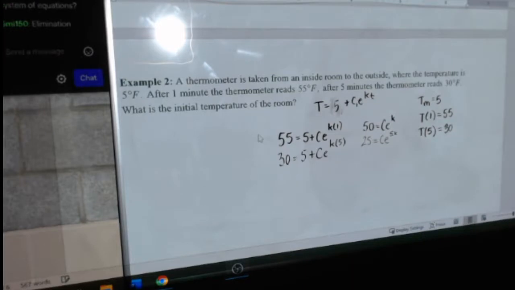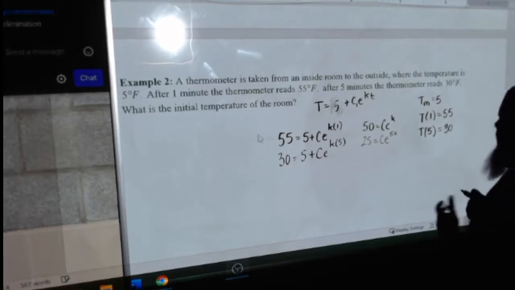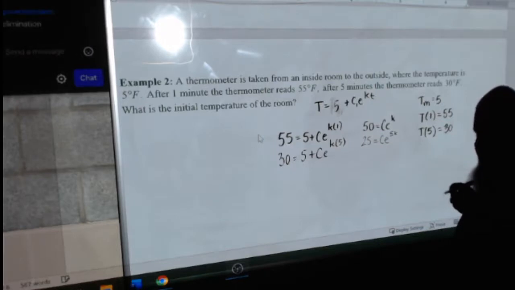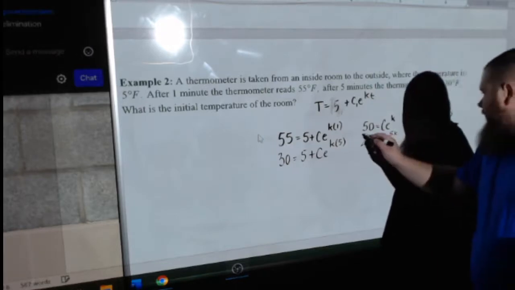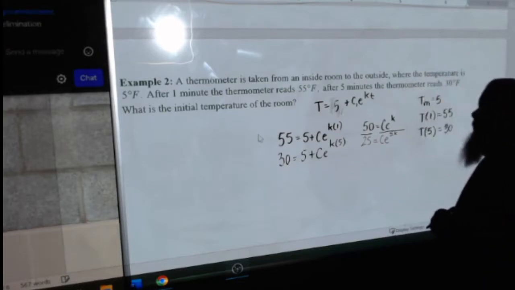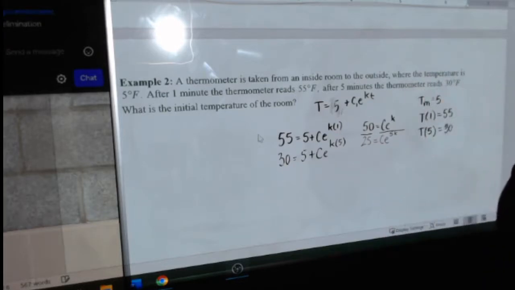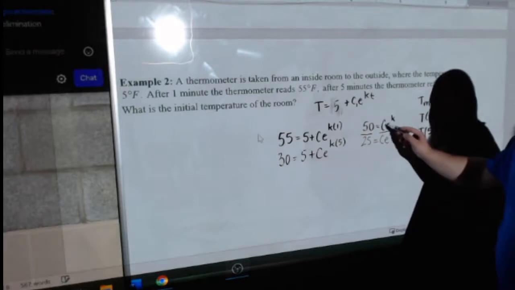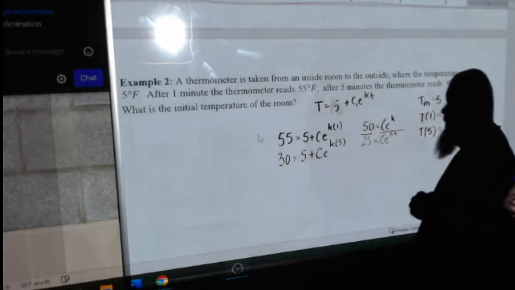So for this one, I agree that it's an elimination. It's just not in the sense that we're used to. I'm going to divide both of these equations. By doing that, these C's can cancel.